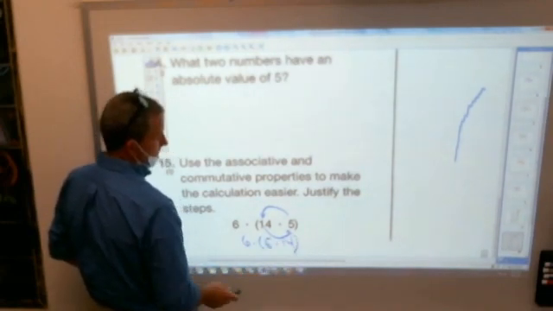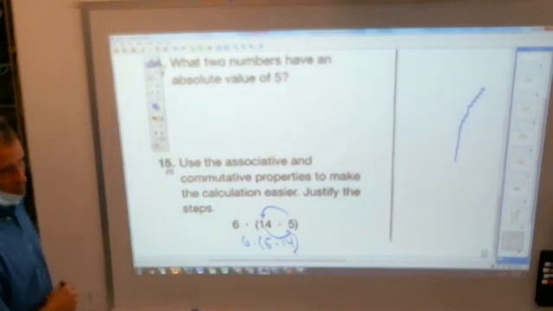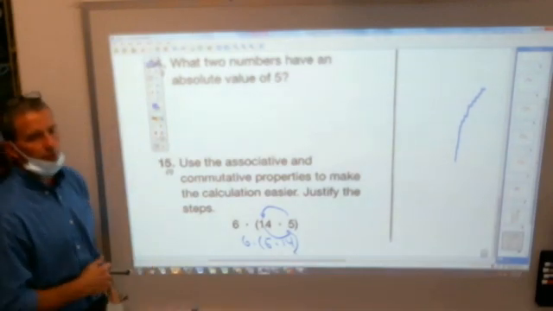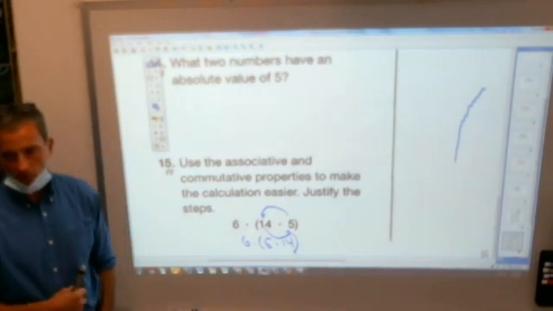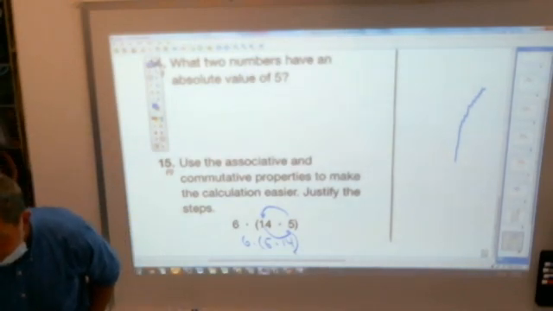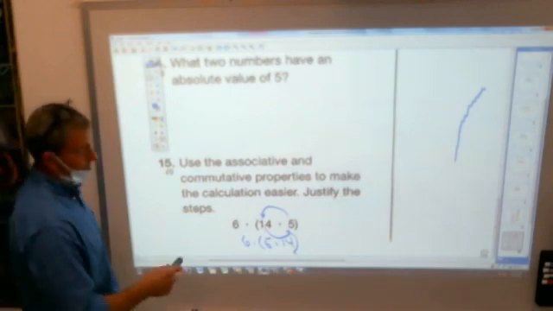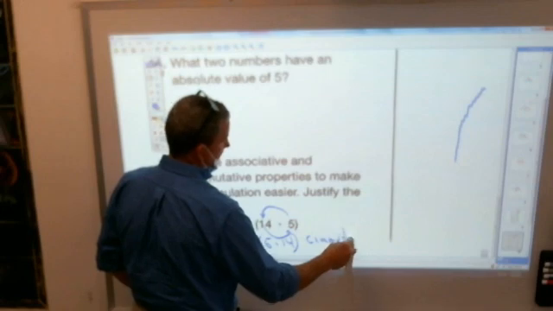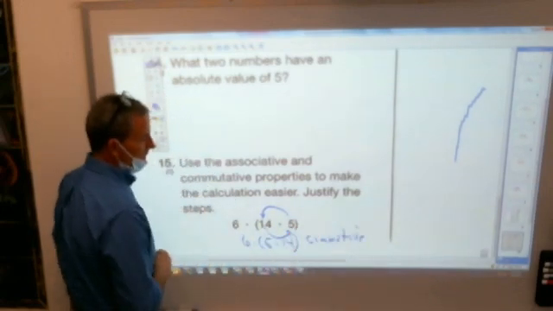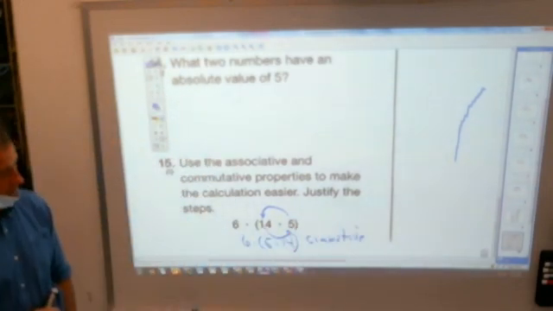Now, this is asking you to state what property you used to do that. When I moved those two things, I used the commutative property. If the numbers actually move, it's the commutative property.